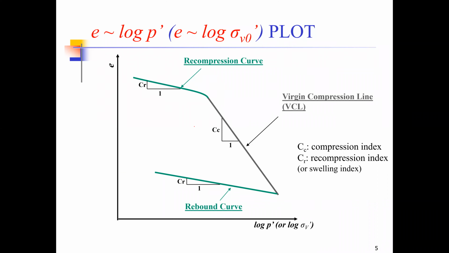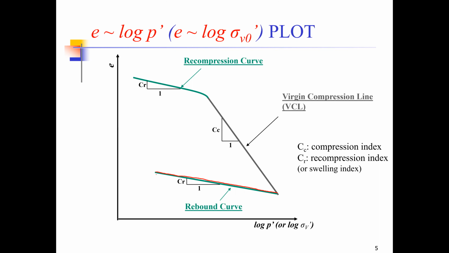Let's assume that you had this first loading curve and then you unloaded the soil sample. Once you have unloaded, let's suppose you do not finish your test here, but in fact you reload the sample. If you start reloading the sample, the soil will follow this path. The soil will be recompressed here. So this line which I'm drawing here will be the recompression curve.